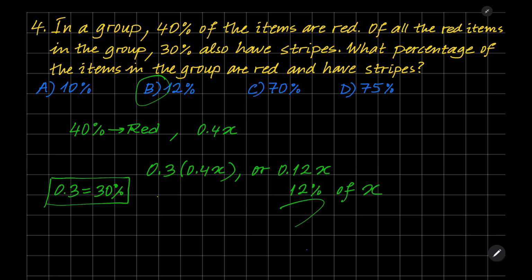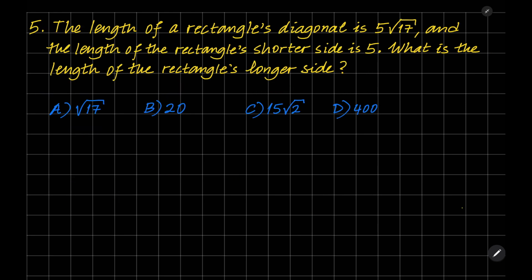Now let's go to the next question. Question 5. The length of a rectangle's diagonal is 5 root 17 and the length of the rectangle's shorter side is 5. What is the length of the rectangle's longer side? Let's first try to draw the rectangle.